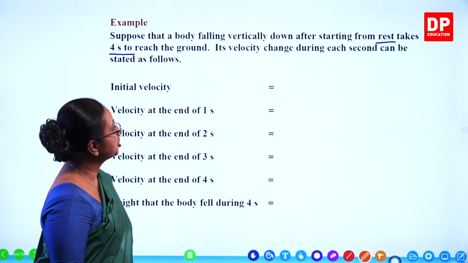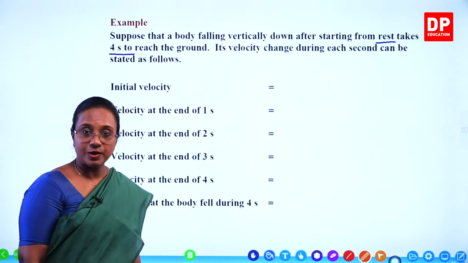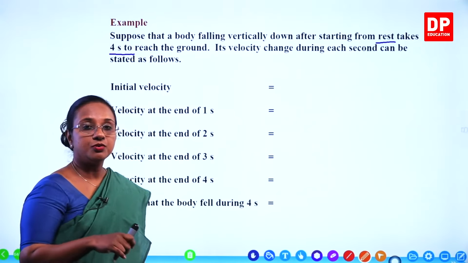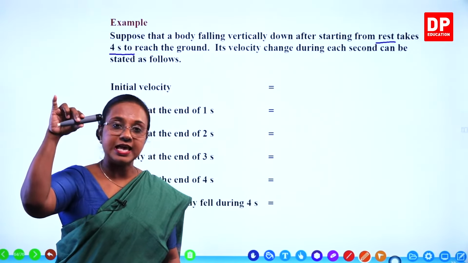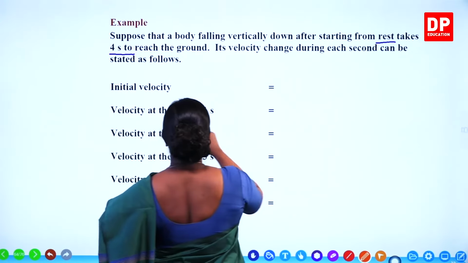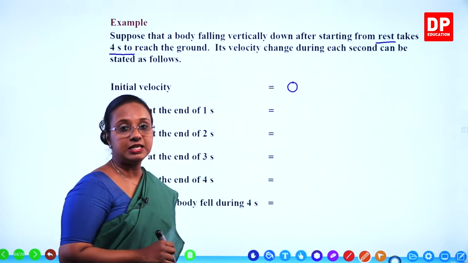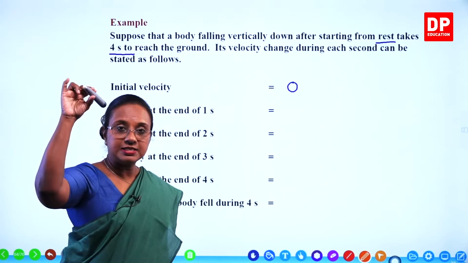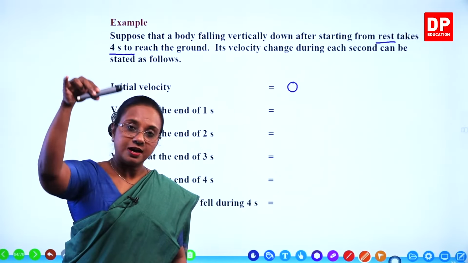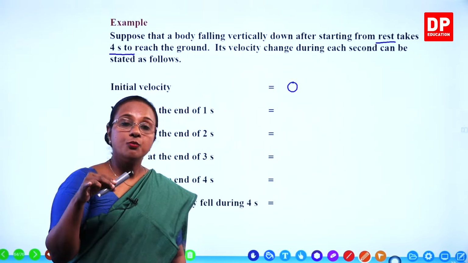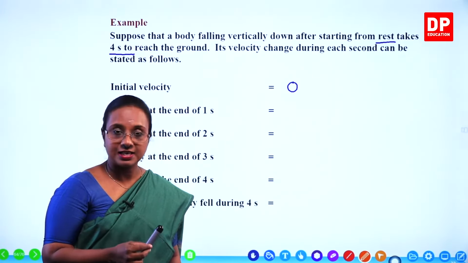Its velocity change during each second can be stated as follows. So, as you all know, initially the object is at rest. The body is at rest. So, therefore, the velocity of the body will be 0 because it is at rest. As it is dropped down, it starts moving downwards with an acceleration, that is gravitational acceleration.